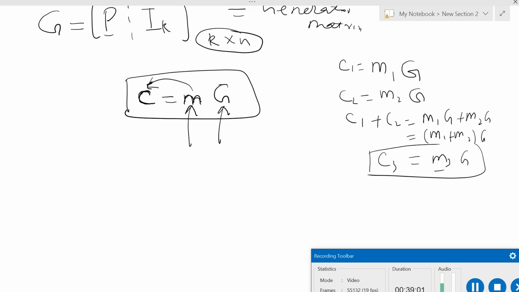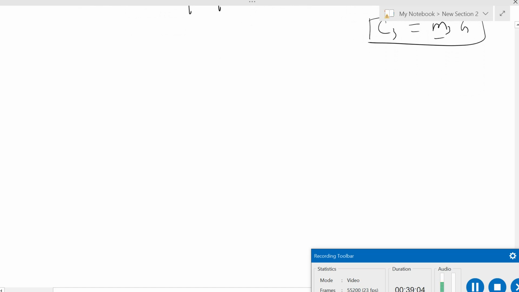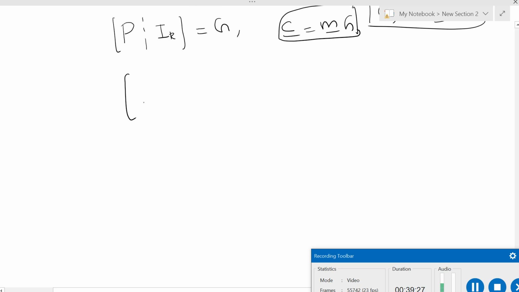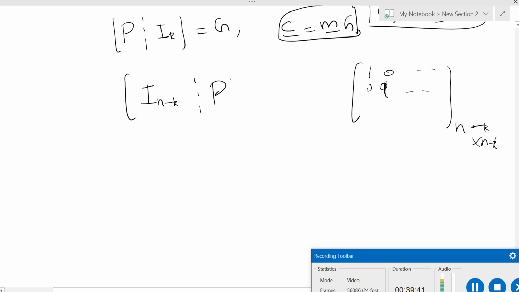There is another way of combining the matrices. We combined P with I_k and got G, the matrix by which you can generate the code words by simply multiplying the message bits. Now, first write I of n minus k, an identity matrix with n minus k rows and n minus k columns, and then take P transpose.